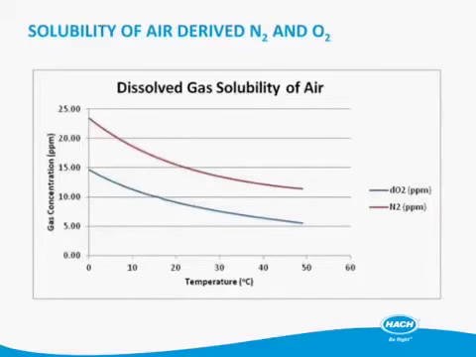To take a little bit of the theory and talk about solubility, and also start to apply it to the brewing process, I want to show a graph here. This graph shows air, so 80% nitrogen and 20% oxygen, and how much of the different gases dissolve into liquid.